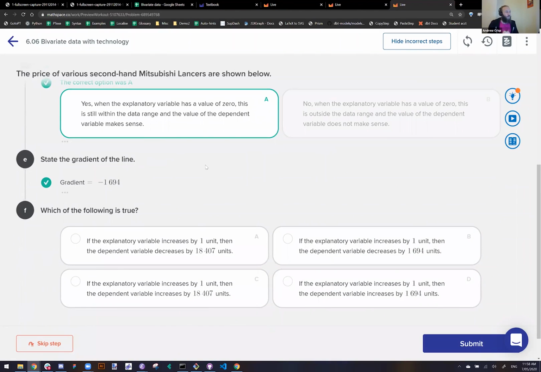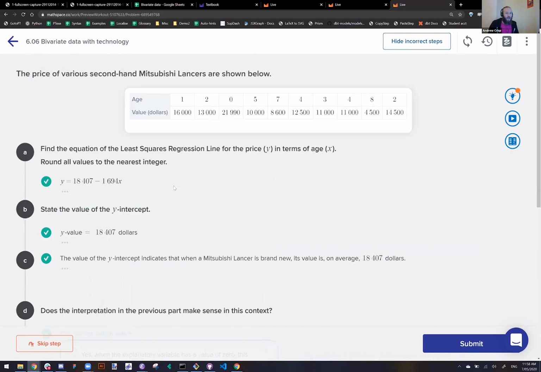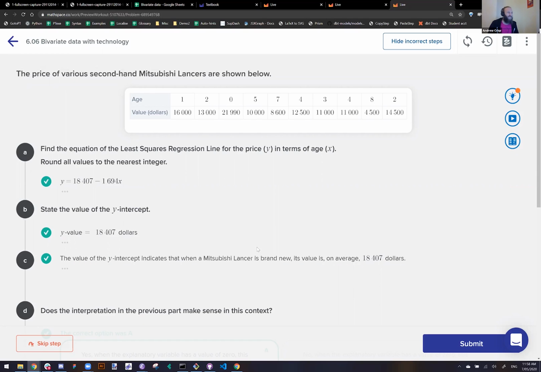And let's think about which of these is true to finish. There's a lot of jargon here, but let's think about what the gradient means before looking at these options. This part C is telling us that on average, at the start of its life, the cars are going to be worth 18,407.